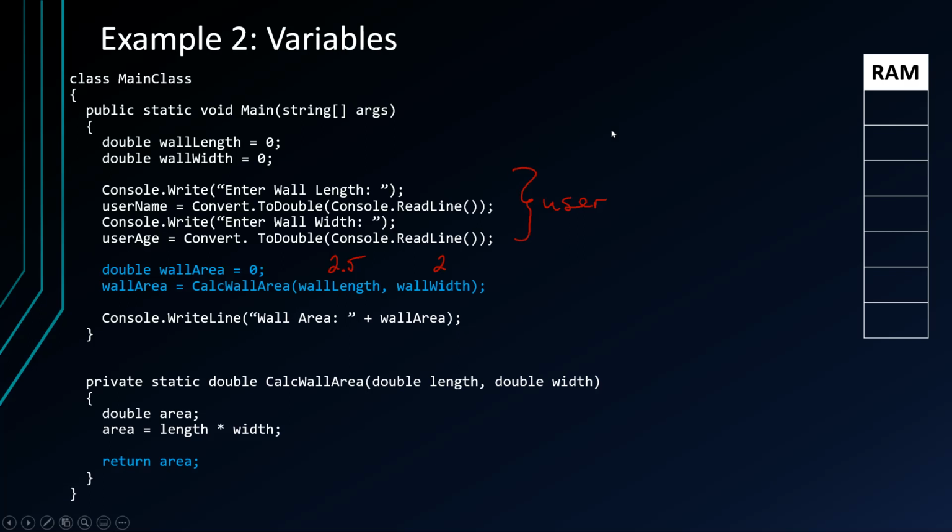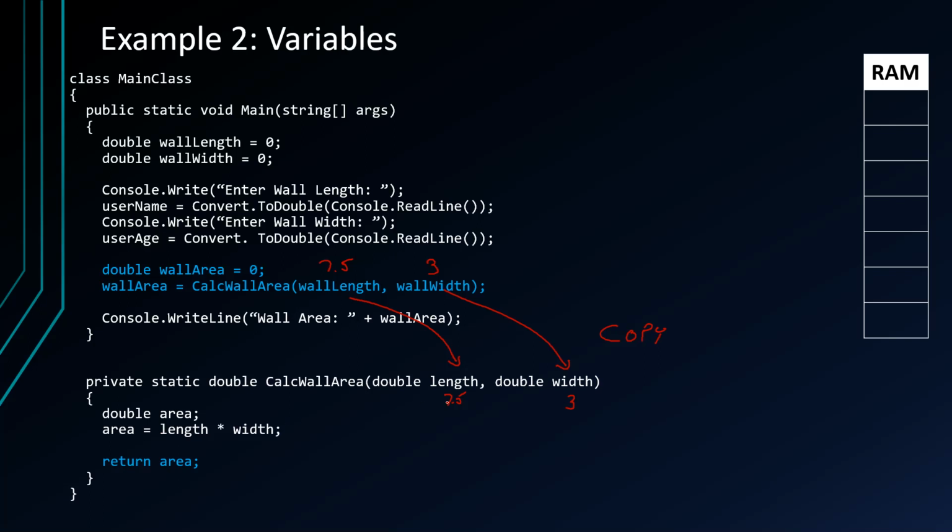So let's say they typed in, let's say 7.5 and a 3. So that 7.5 is then going to get copied, and the 3 is going to get copied into here.